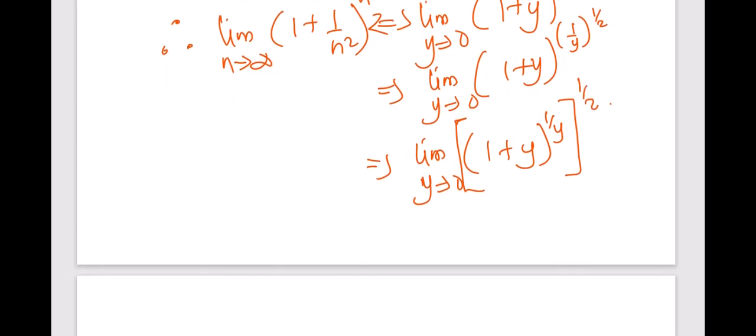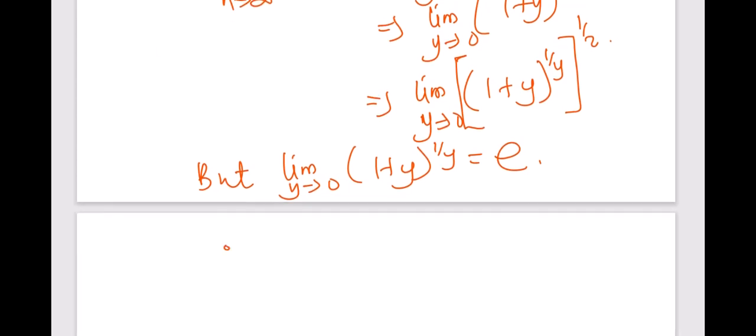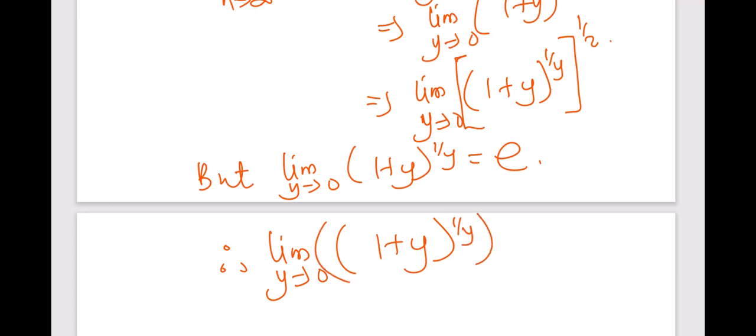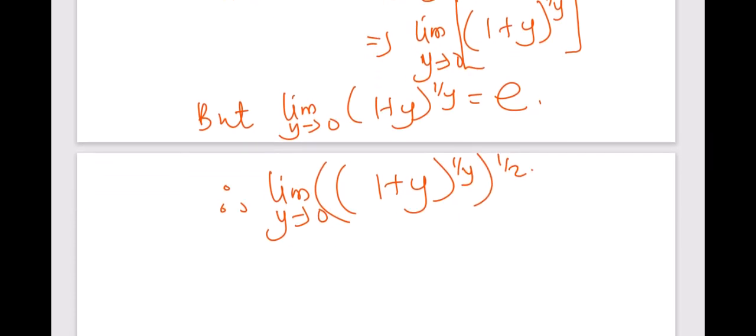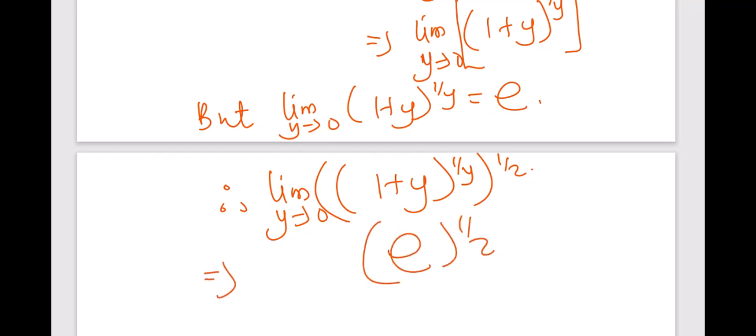But we know that the limit as y goes to 0 of 1 plus y, all power 1 over y, is equal to e. Therefore, we have the limit as y goes to 0 of 1 plus y, power this, all power half, being equivalent to e power half, and this is the root of e. And so this is our final answer.